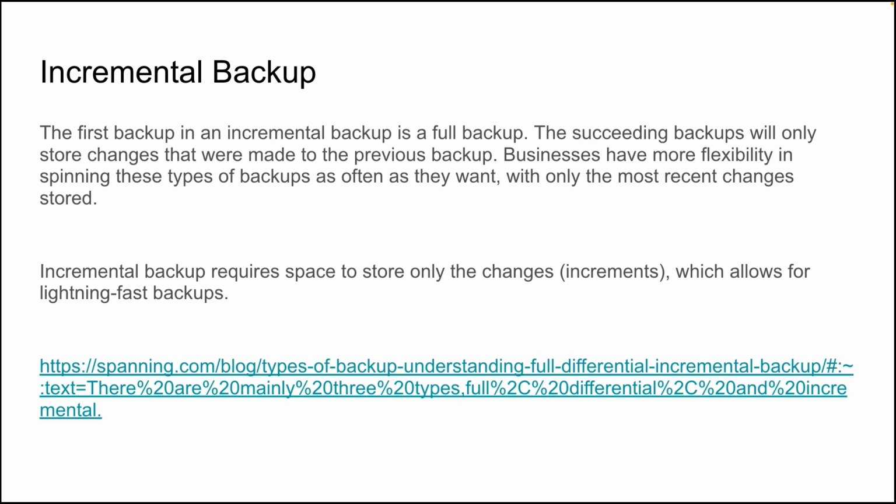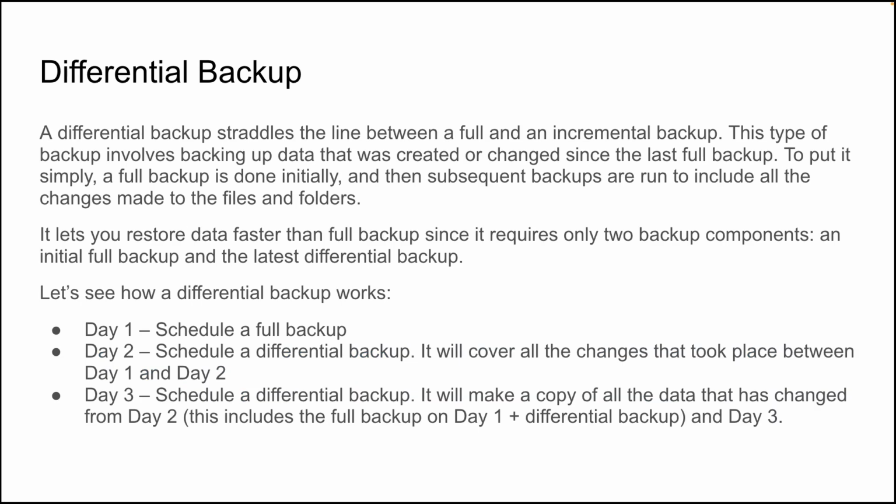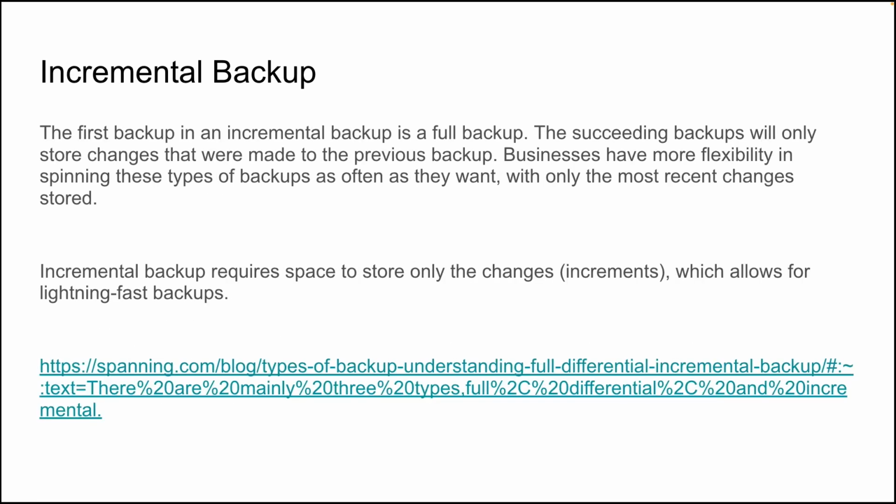So the big difference between an incremental backup and a differential backup is that in an incremental backup, you're updating the last backup that was saved. In a differential backup, you're updating all the changes for 1 and 2, if that makes sense.